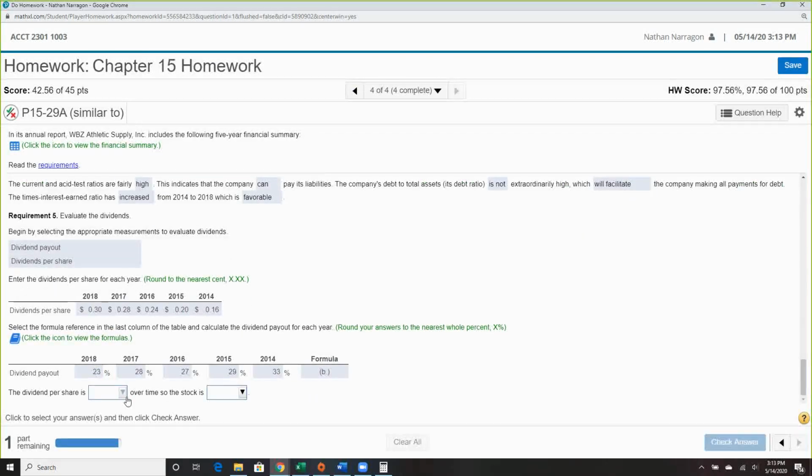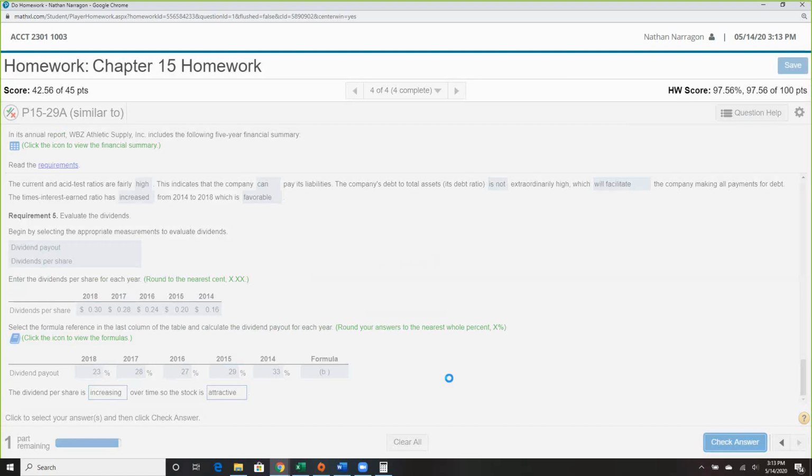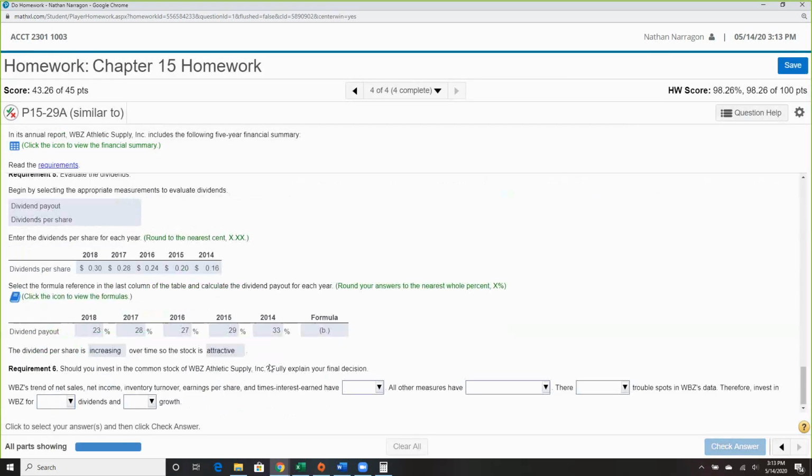Okay, so dividends per share is increasing over time, so the stock is attractive. Good. Okay. The last one. Whew. This was a long problem.